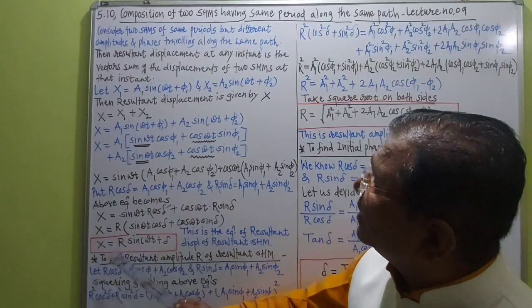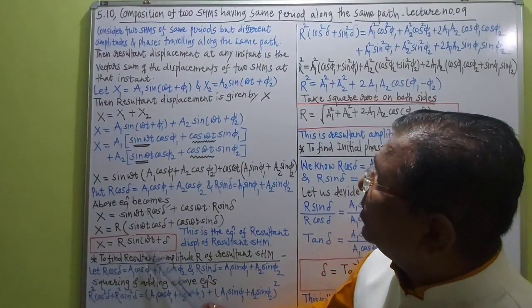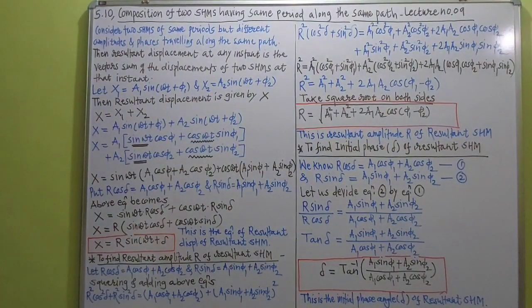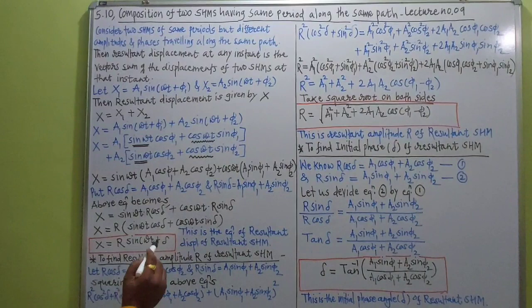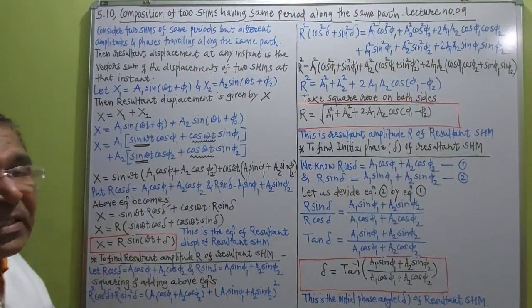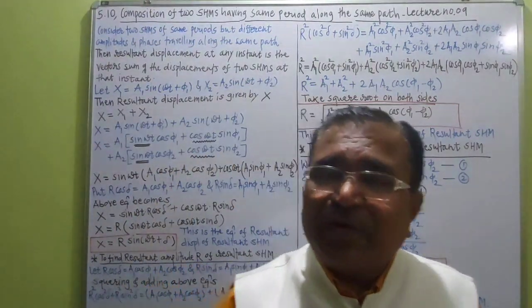So in short, we can write capital X is equal to capital R sin of omega t plus delta. The bracket will remain here. This is the equation of resultant displacement of resultant SHM. Very simple.